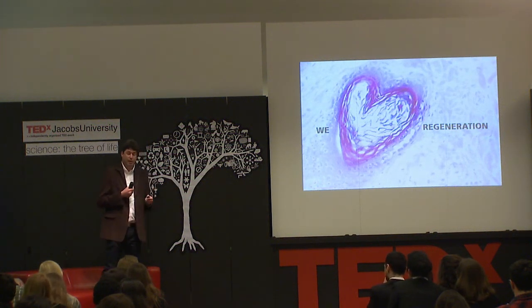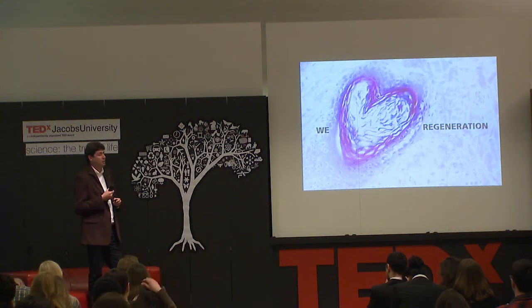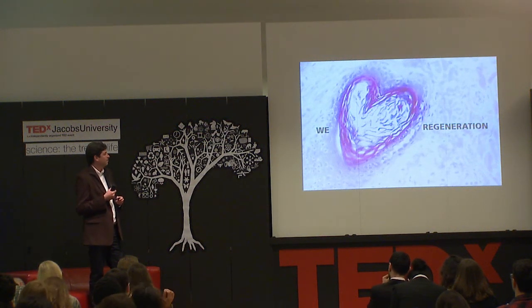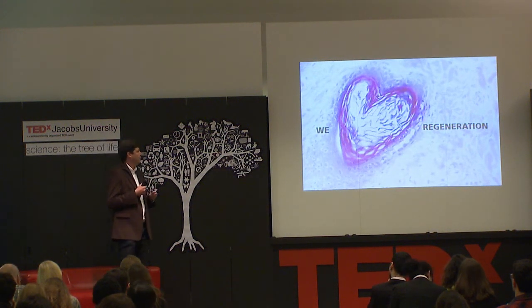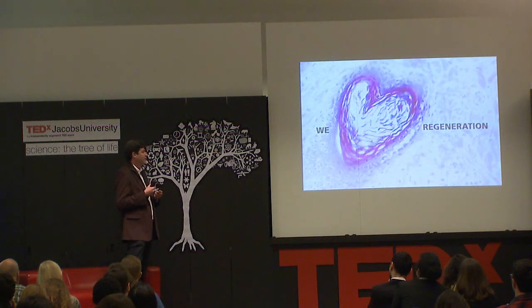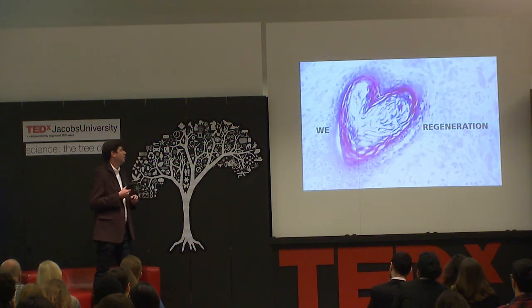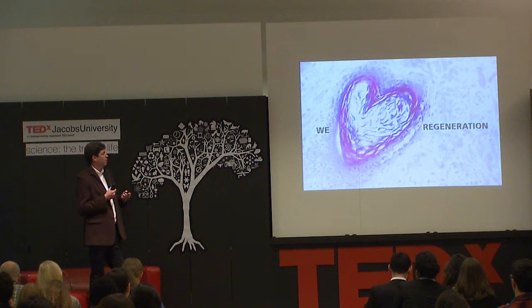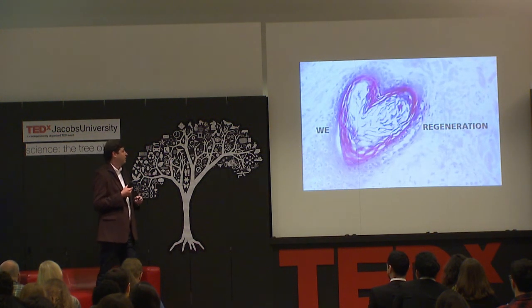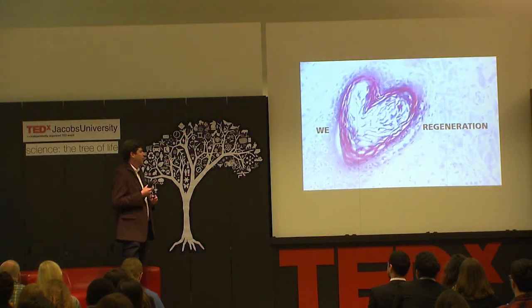The second revolution that they carry is the fact that they can act as a time machine for us to be able to study our own development, and also for studying human disease on the molecular level.